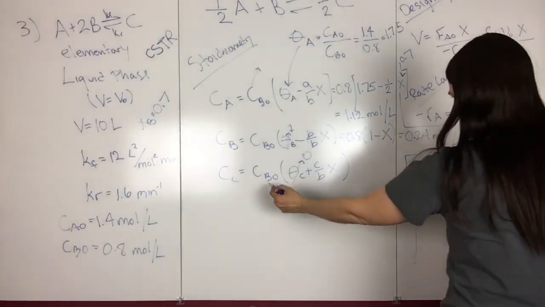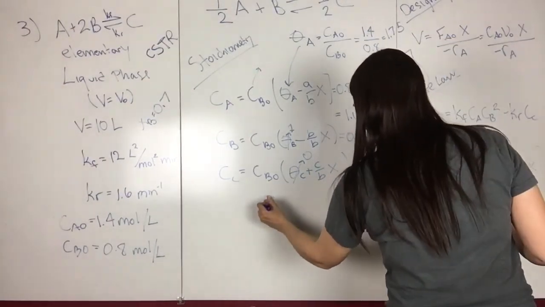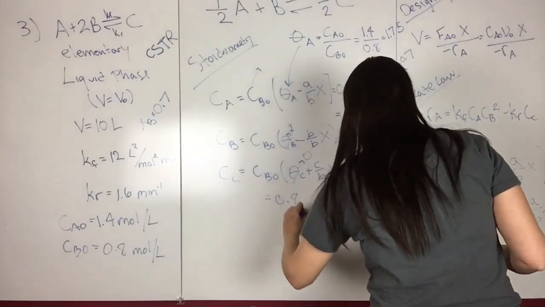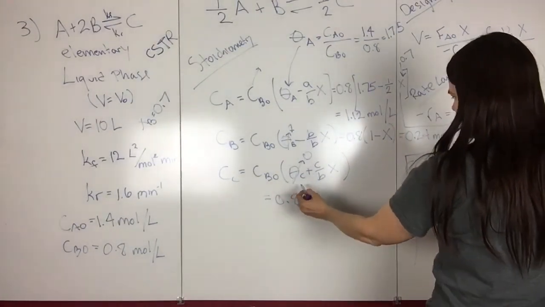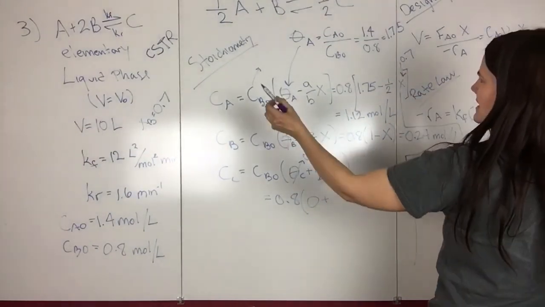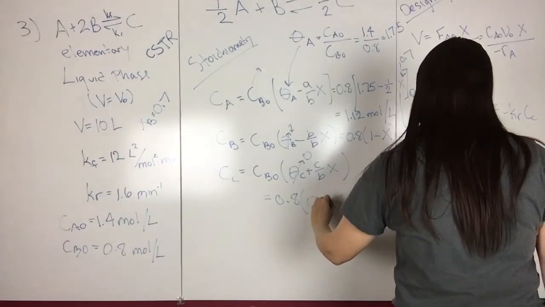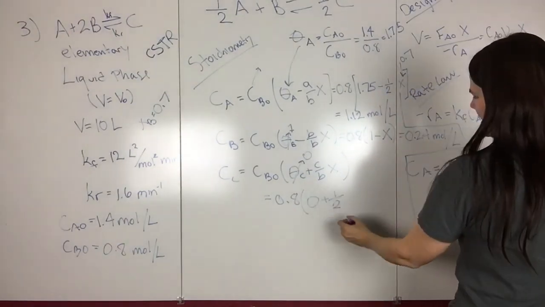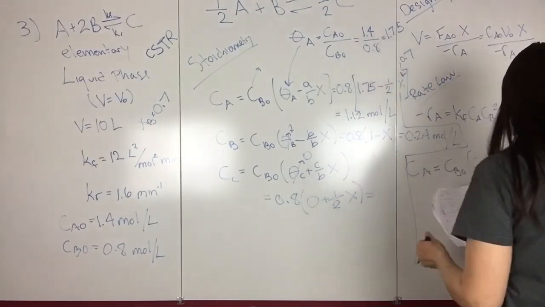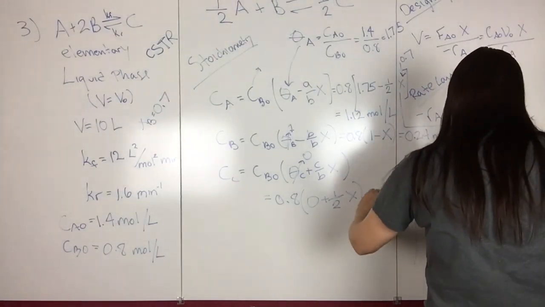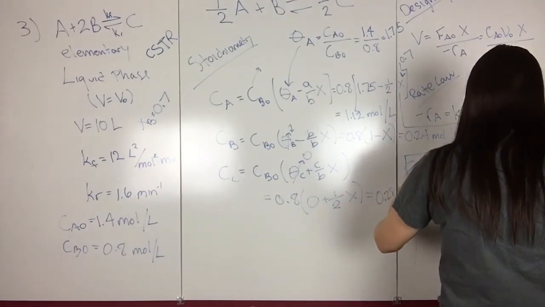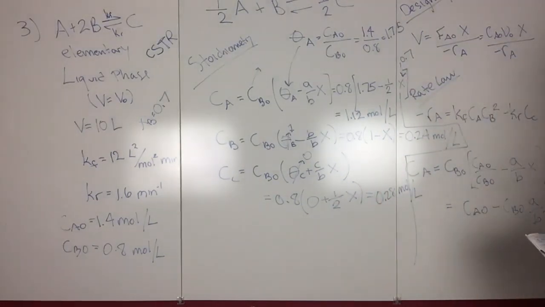And then doing the same thing for this one, we have Cb naught, which is 0.8, multiplied by 0 plus C, which is 1/2, divided by B, which is 1, x, and then x is 0.7, so if we plug all that in, we get 0.28 moles per liter.